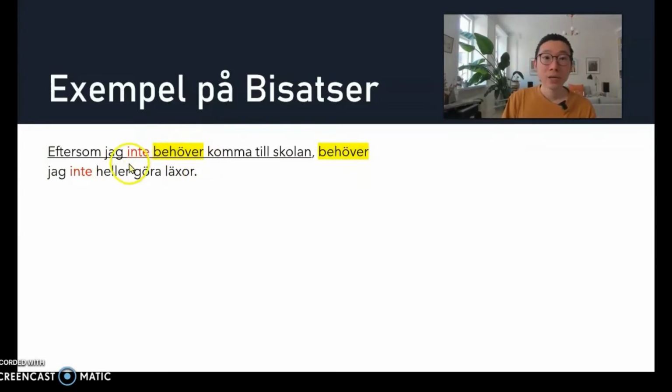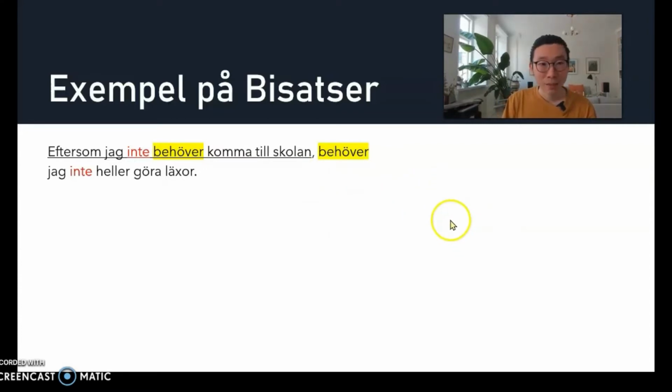Så här kan du tänka på inte i bisatsen finns innan det finita verbet. So in the subordinate clause, the negation inte exists before the verb, whilst in the main clause structure, behöver jag inte exists after the verb. That's another rule to think about.